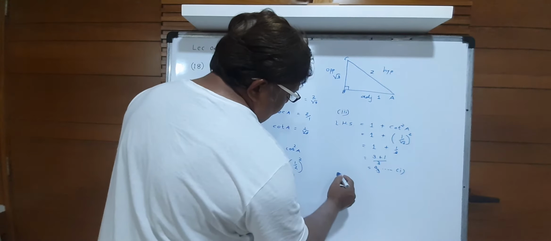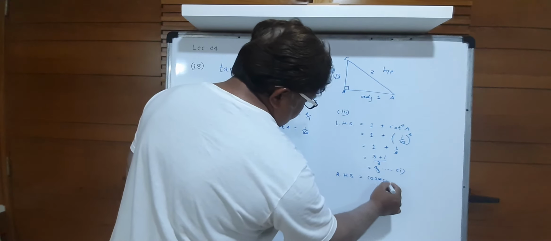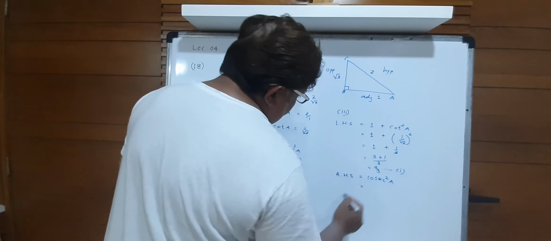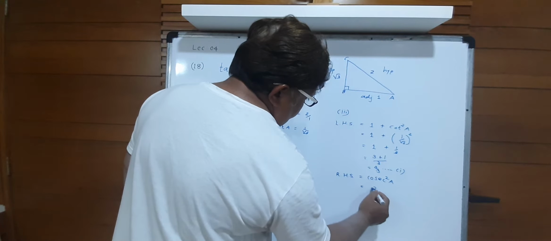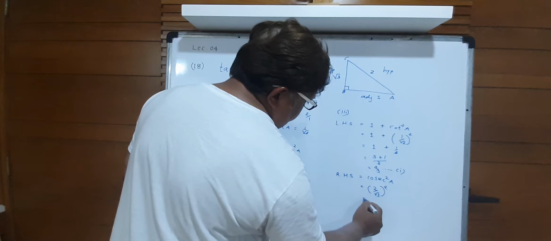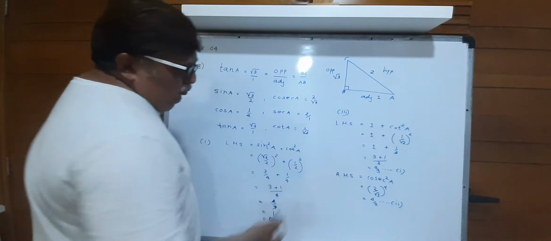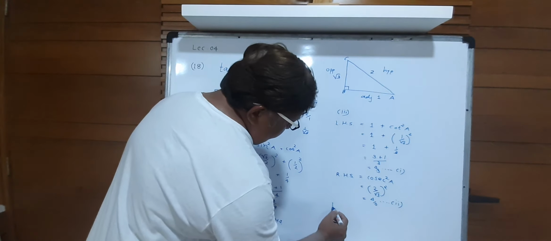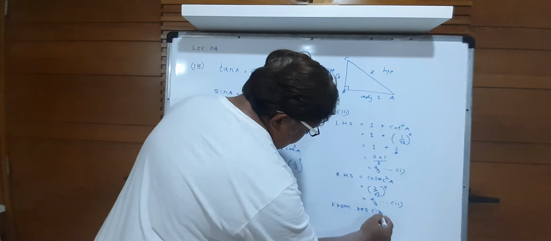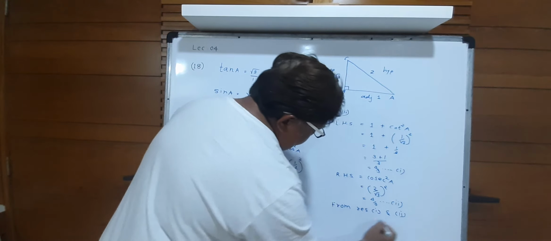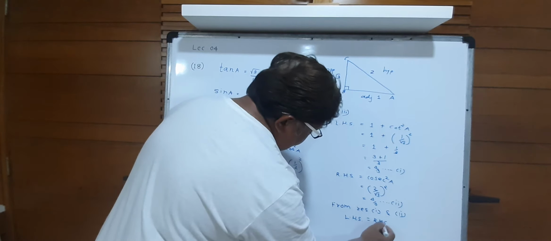Now you take RHS. What is in RHS? Cosec square A. What is cosec here? Just substitute the values. 2 upon under root 3 whole square turns out to be 4 upon 3. Result number 2. Both results are equal, so from result 1 and 2, you will write LHS equal to RHS.